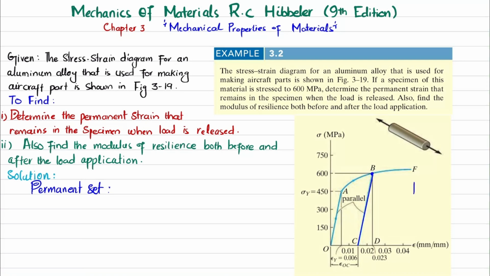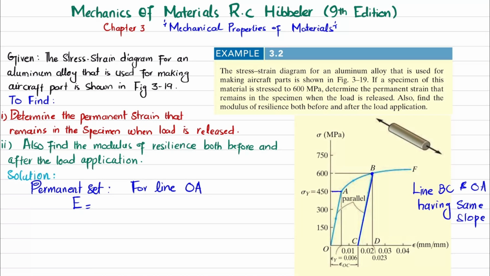Now you can see this line BC and OA are parallel, so they have the same slope, and the slope of this line will be the modulus of elasticity, and we can find this modulus of elasticity E for line OA. This modulus of elasticity can be found by stress over strain.